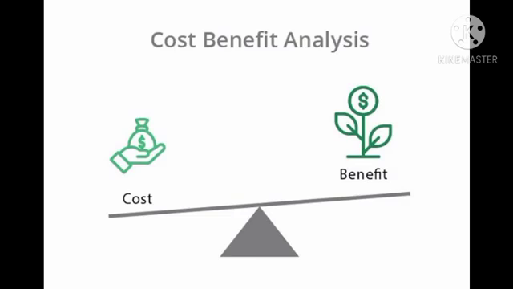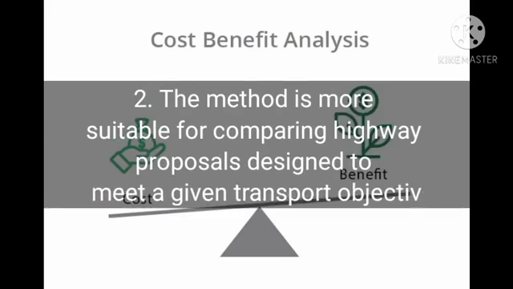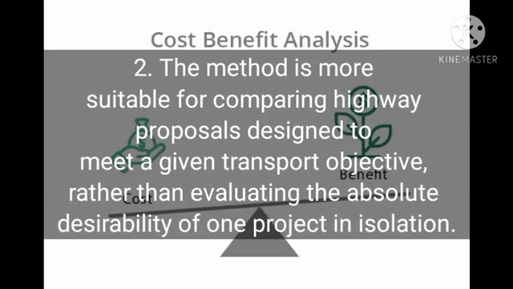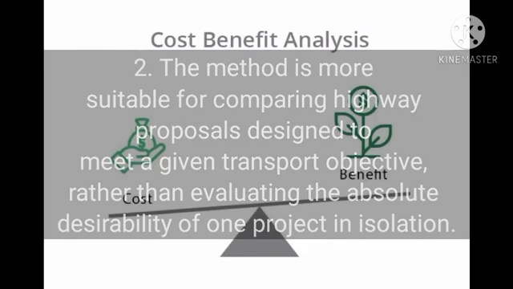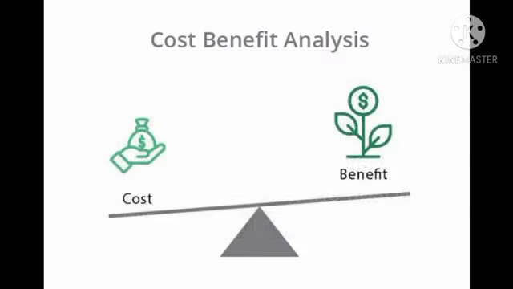So the second one is the method is more suitable for comparing highway proposals designed to meet a given transport objective rather than evaluating the absolute desirability of one project in isolation. This is partly because all estimates of cost and benefits are subject to errors of forecasting.